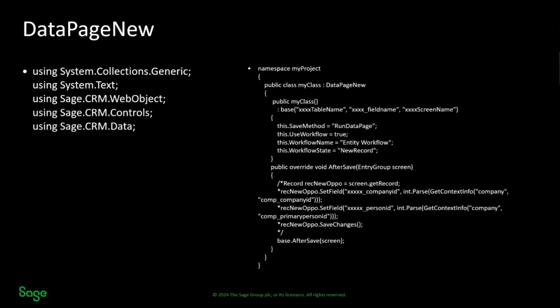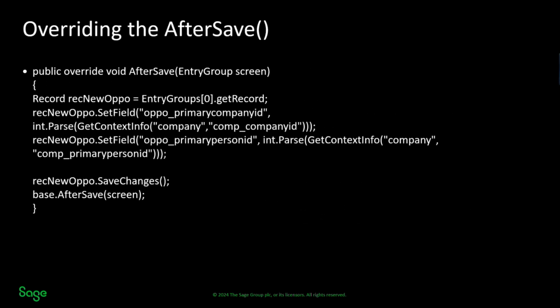So table name, field name, screen name is used within the constructor, and we aren't working with multiples, but it is possible where you are working in your own compound screen, and you want to be able to ensure that you're talking about the right record in the right screen.